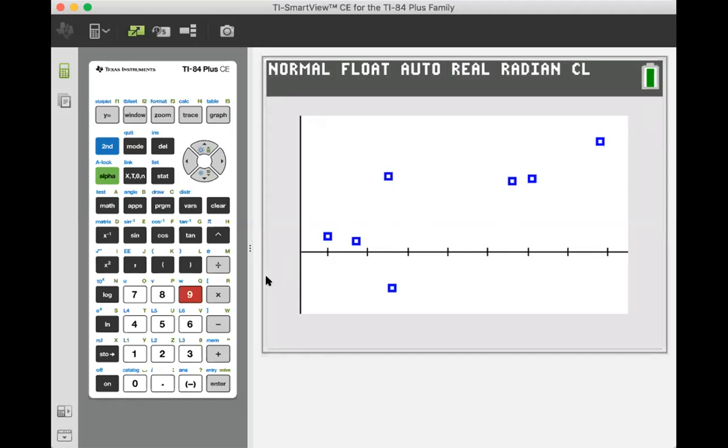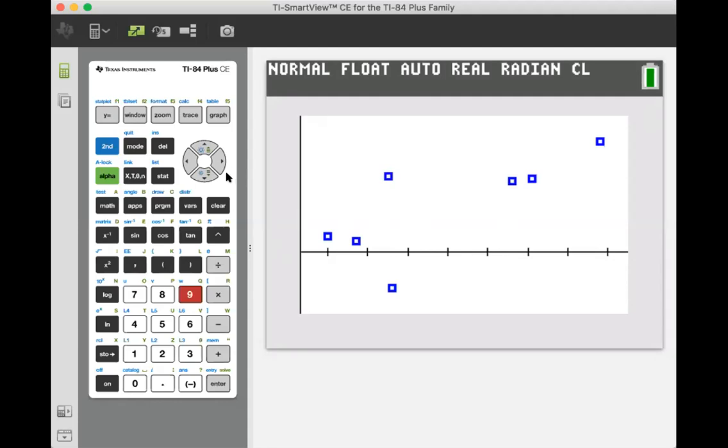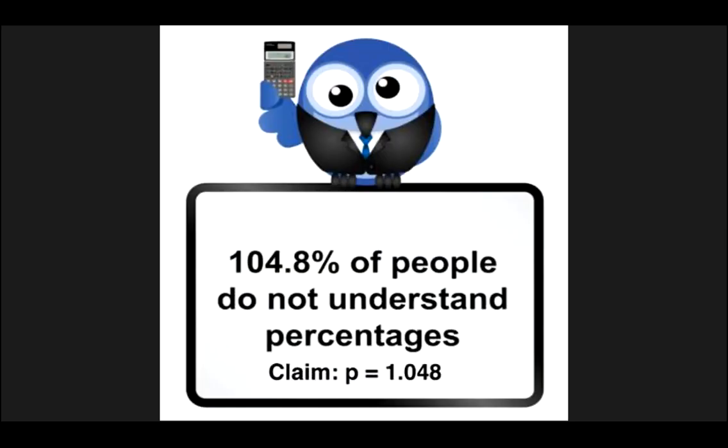Chances are this is not going to end up being significant, but we need to find that out. So let's quit out of here and come back to the document.